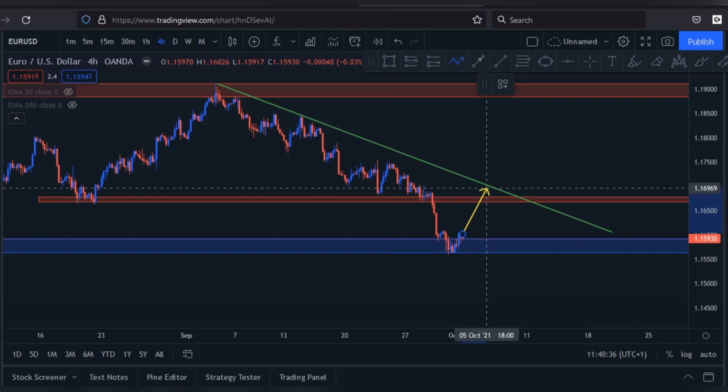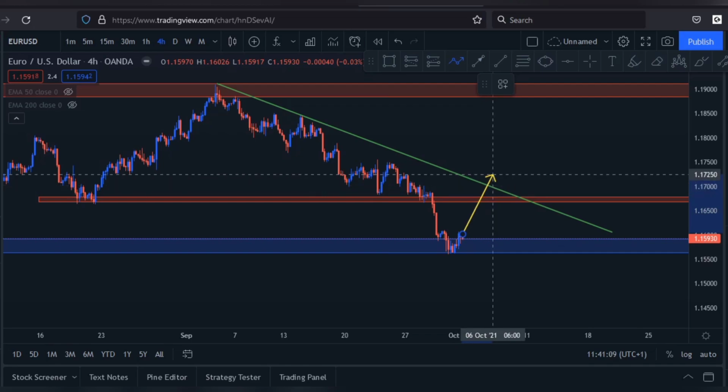If price gives a reversal signal around here that it wants to reverse to the downside, then I will be taking the sell trade all the way to the downside. But if price moves swiftly to the top, then I'll be taking my buy trades all the way to the upside, and that's waiting for a break of this trend line over here.